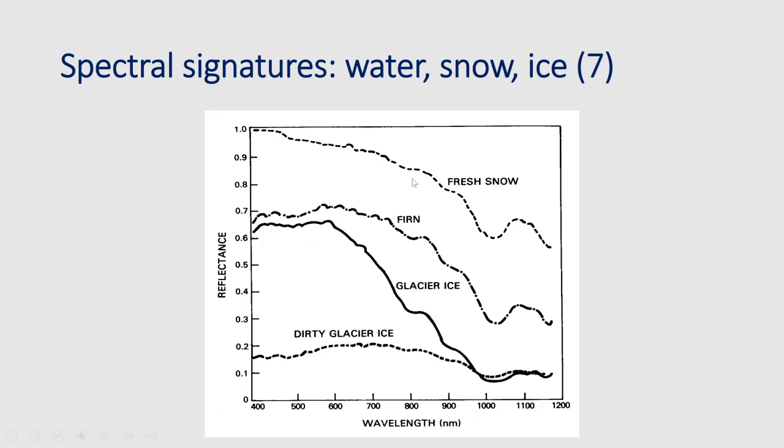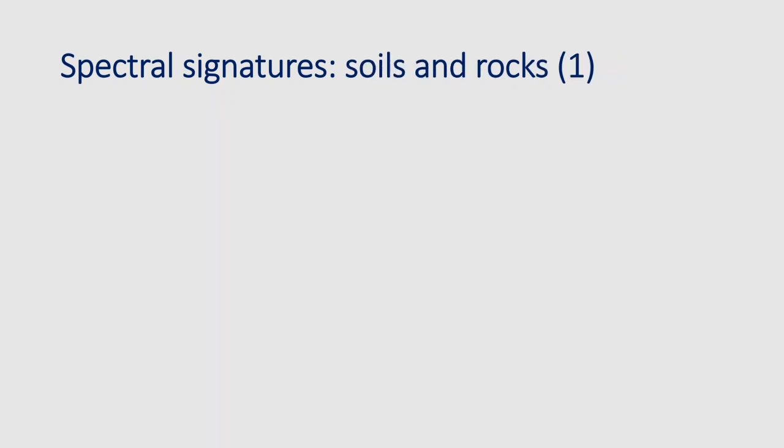For example, if we have images in these different spectral bands acquired by satellites, of course you can understand that it will be possible to distinguish between fresh snow and, for example, dirty glacier ice.